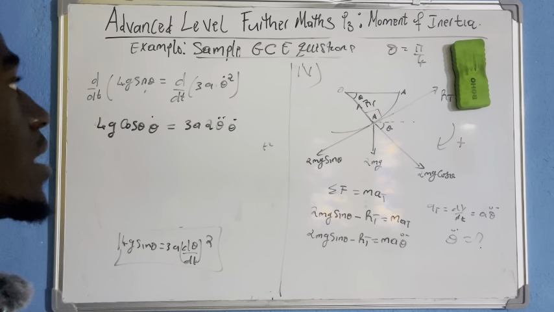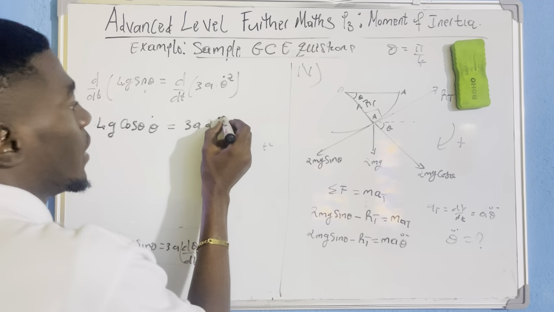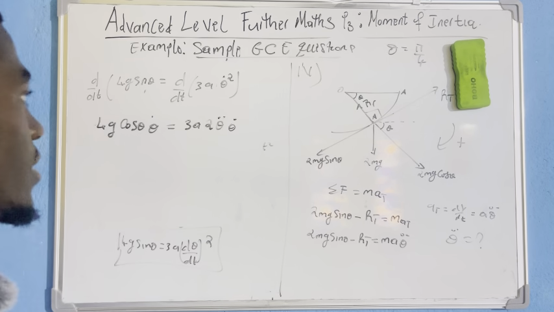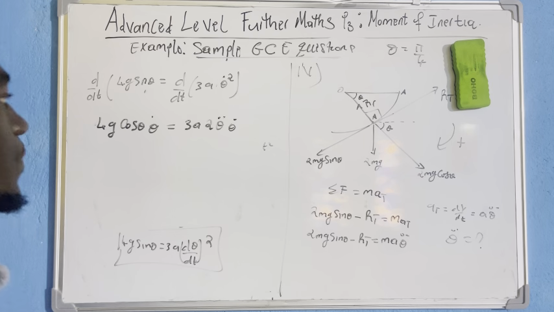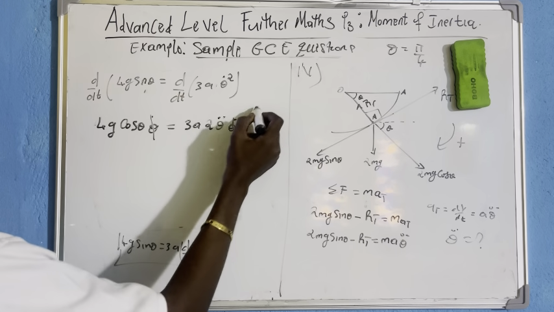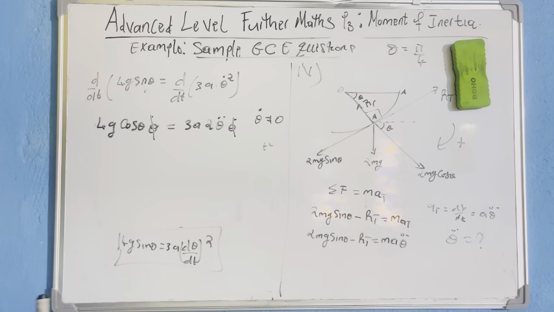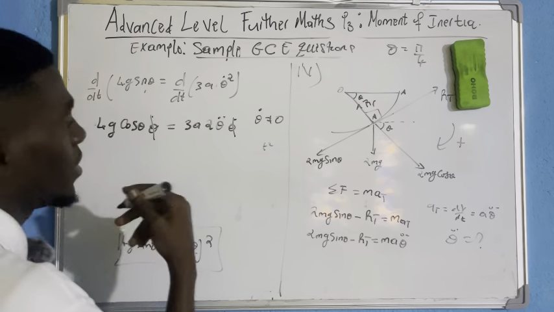I hope it's making sense now. I put this 2 here, then I differentiate. When I differentiate theta dot, I have theta dot dot. Then I should put d theta since I'm differentiating with respect to t. Then I can cancel out d theta, making sure that d theta is different from 0, because the body is moving. It means that the angular speed cannot be 0. So I can cancel here without panicking.